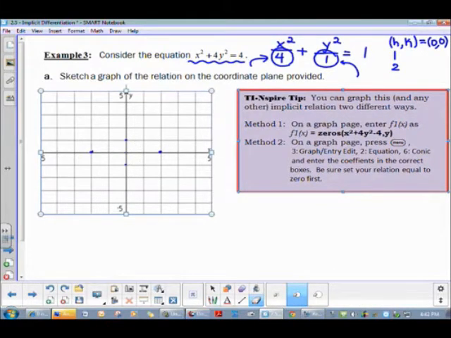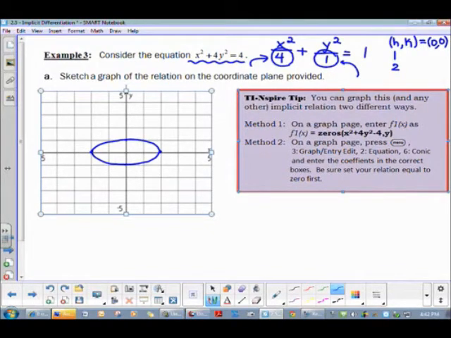So it's these outer 4 points that just simply need to be connected. And notice I did delete that center. A lot of teachers may not make a big deal out of it, but the center is not part of the graph, so I don't like to get it confused with anything that is sketched. So this is your ellipse.